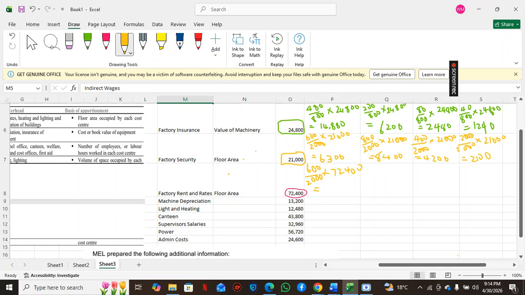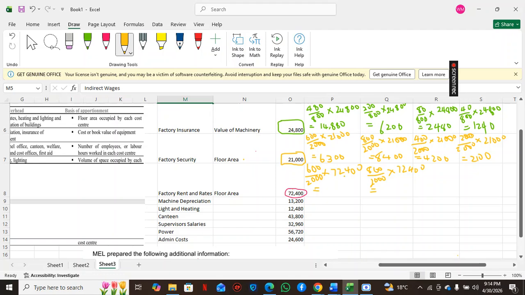Rent and rates, yes, you can use it, it can go twice. This question never misses for Dr. Eno. So once you just grab this concept, make sure you get all the marks.